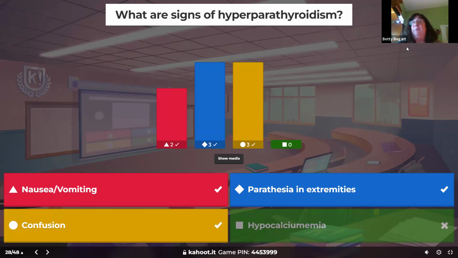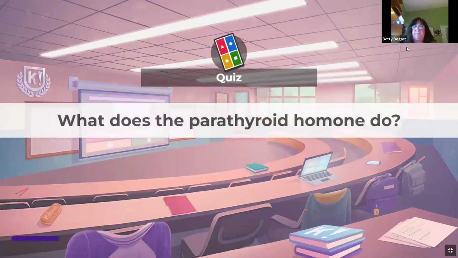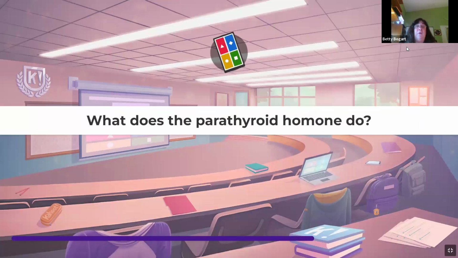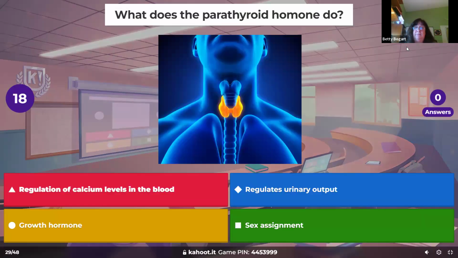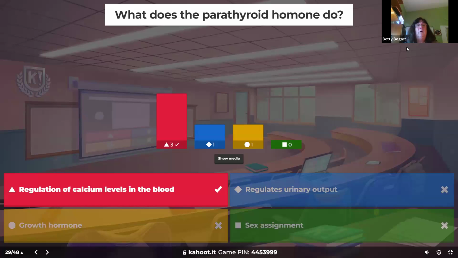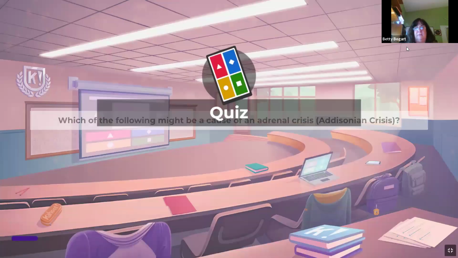And again, it's hypercalcemia. What does the parathyroid hormone do again? So again, the parathyroid is all about calcium, okay? And it's right next to the thyroid gland, but it only has to do with calcium in the body, which has to do with muscles.